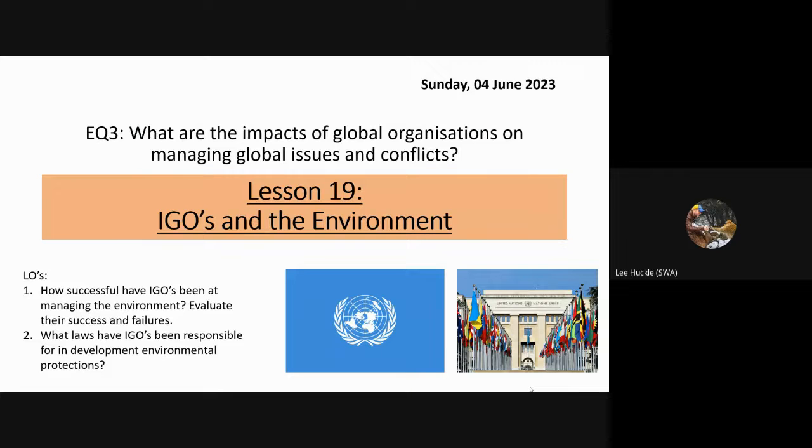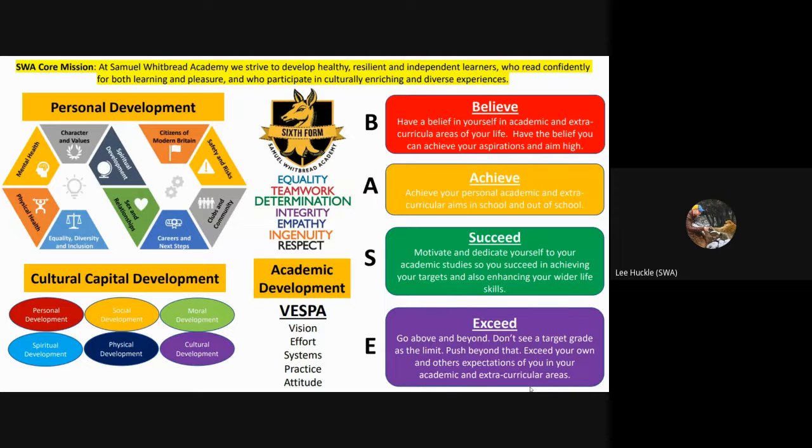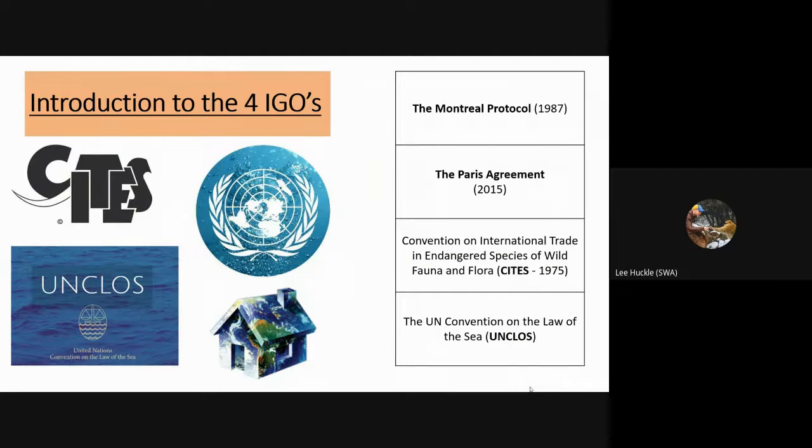And you did a very in-depth evaluation of the successes and failures of particular IGOs as part of the United Nations. And then what laws have IGOs been responsible for in developing environmental protections? And this is where you did a big job. You've got all the notes on this and the detail.